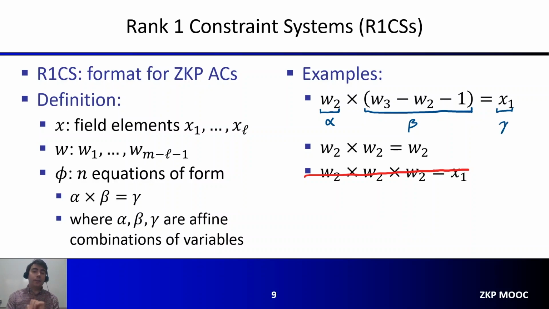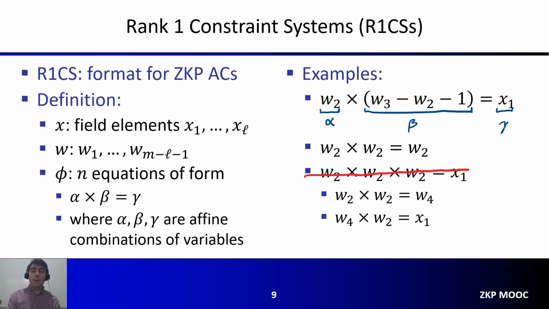However, if we wanted to take this constraint, we actually can encode it using multiple rank 1 constraints by introducing fresh intermediate variables. So we could say that W2 times W2 needs to be W4, where W4 is a new variable that we haven't used already. And then we would say that W4 times W2 is equal to X1. So together, these constraints imply the constraint that we saw before.